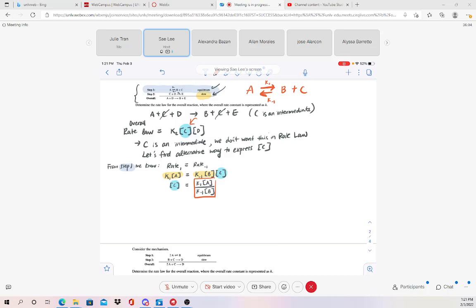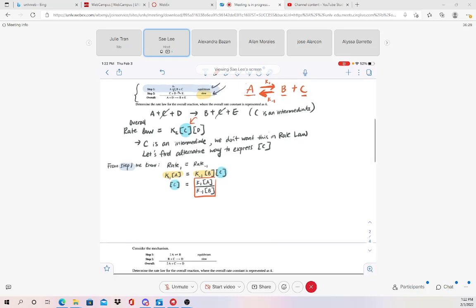The rate of the forward reaction is going to be the rate constant multiplied by this concentration. The rate of the reverse reaction is going to be the rate constant of this reaction multiplied by the concentrations of these. So then we have this expression.